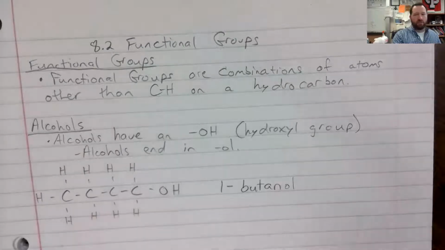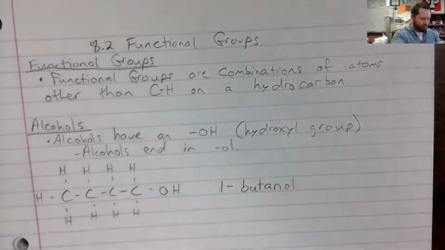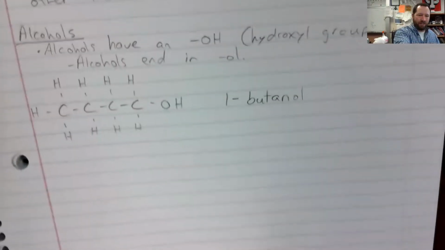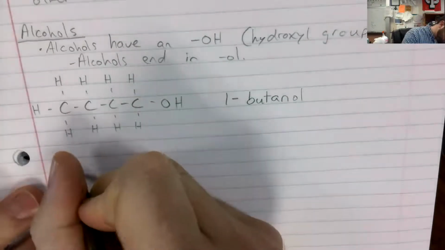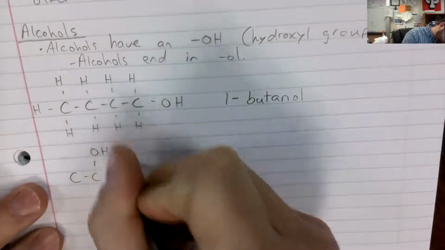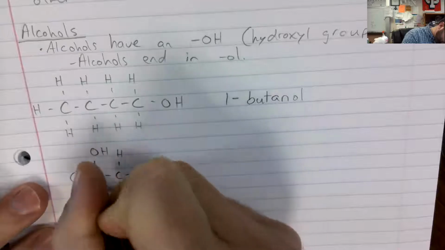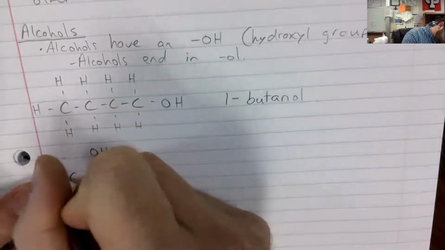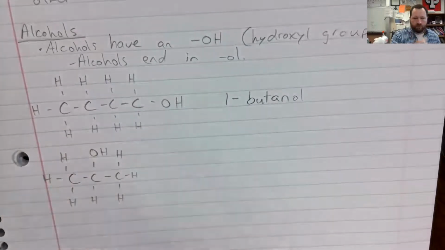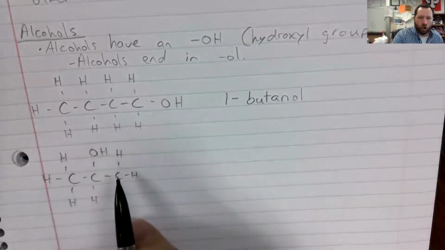We could have it in the middle of the chain, and then we'd call it an axial alcohol, so coming off the side. Take a look at one of those. So 3 carbons.